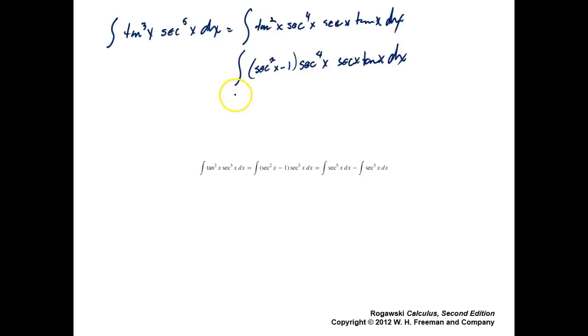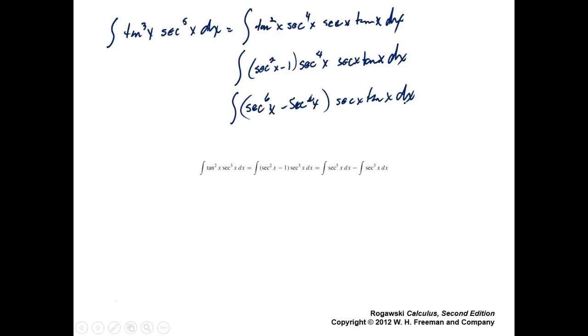Okay. So this would then be the integral of secant 6x minus secant fourth x times secant x tangent x.